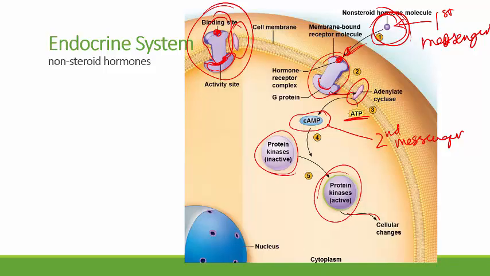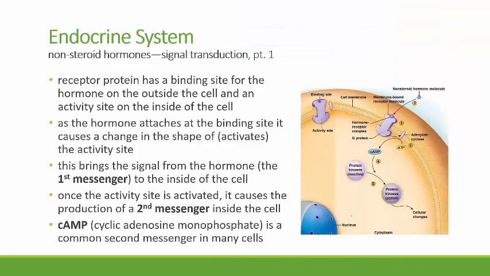So here are the steps then. We see the receptor protein with its binding site outside the cell and an activity site inside the cell. The hormone binds, changes the activity site, and then we see the G protein activated, which brings the signal inside the cell.